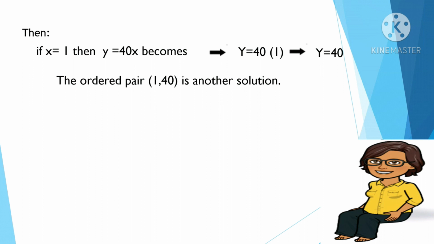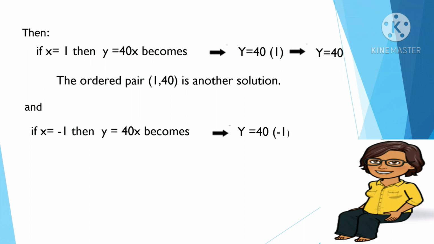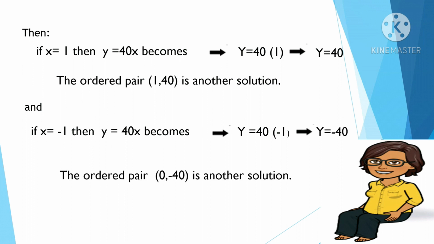O, dalawa lang solutions natin, ha? We need 3, remember? So, let's choose a negative value for x. If x is equal to negative 1, then y equals 40x becomes y equals 40 times negative 1, or y equals negative 40.